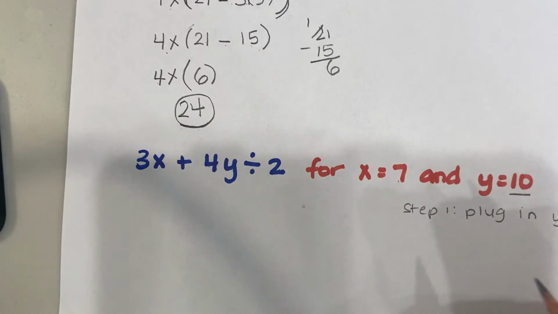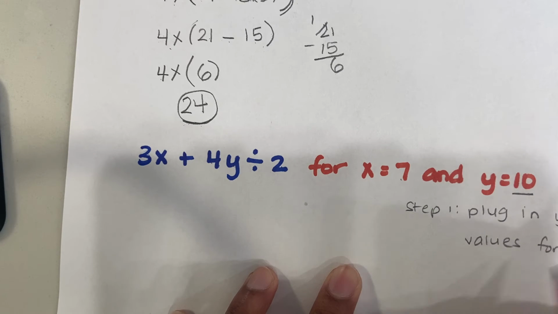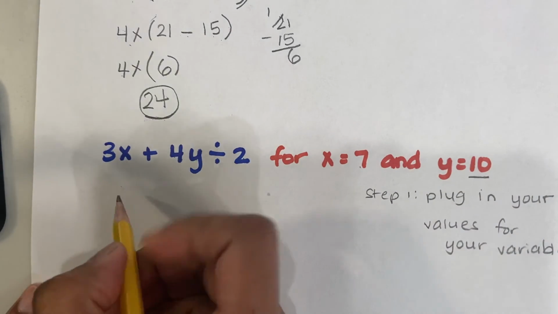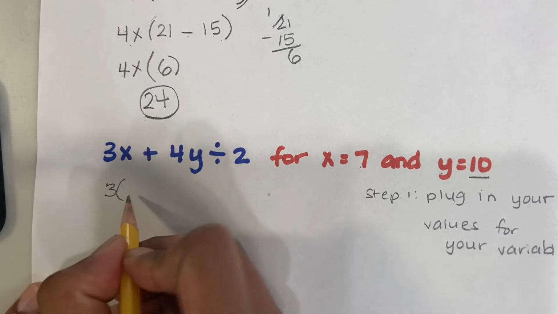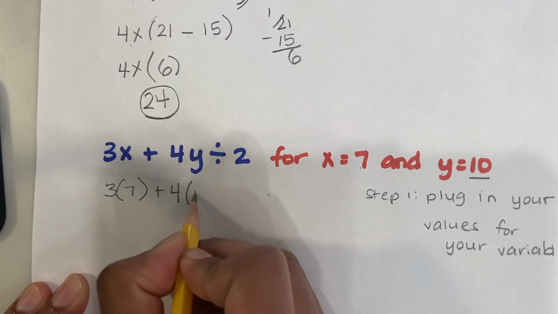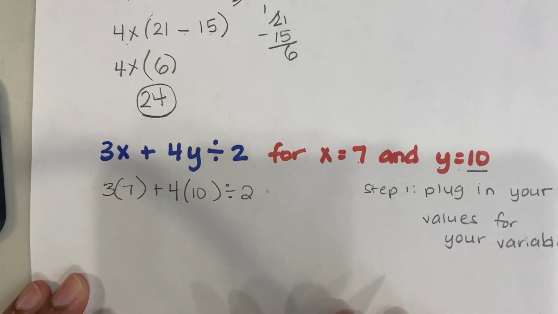Plug in values for your variables. Okay, that's step 1. Okay, great. So I'm going to rewrite this plugging in x for 7 and y for 10. So that looks like 3 times 7 plus 4 times 10 divided by 2.